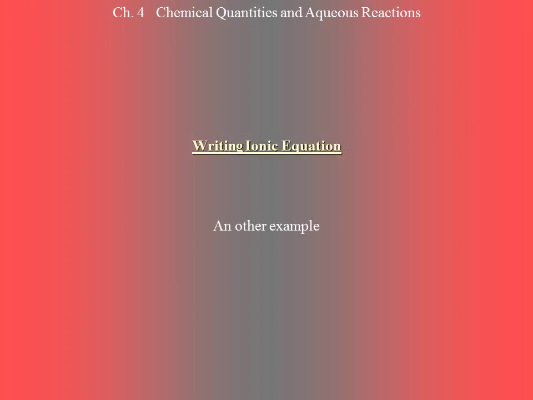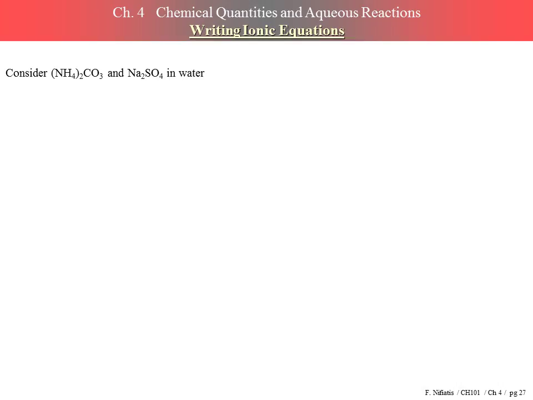Another example. Here we have ammonium carbonate and sodium sulfate. In order to write the products, we are going to take the cation from here and the anion from here. So one product is going to be ammonium sulfate. The sulfate has 2 minus charge, the ammonium has 1 plus charge.